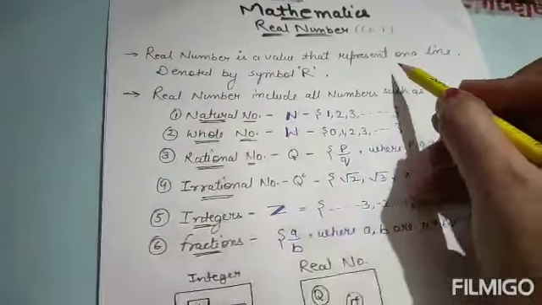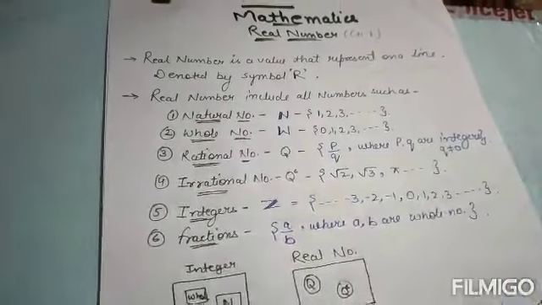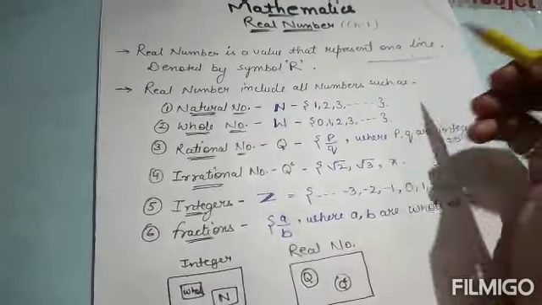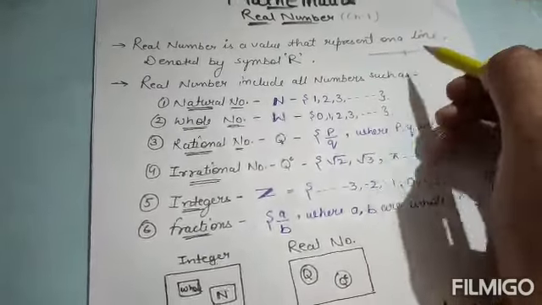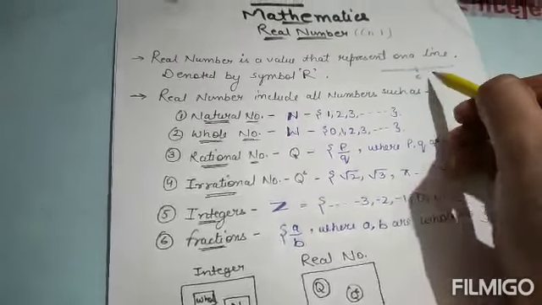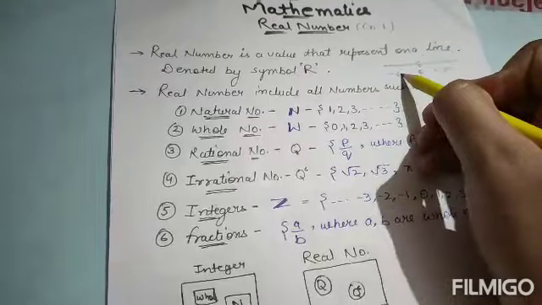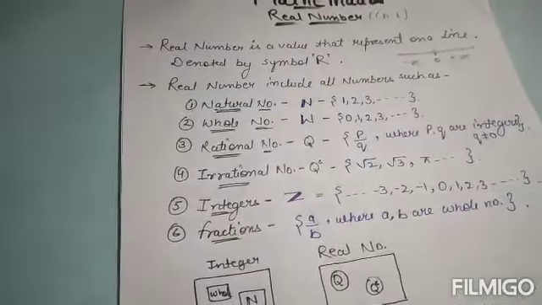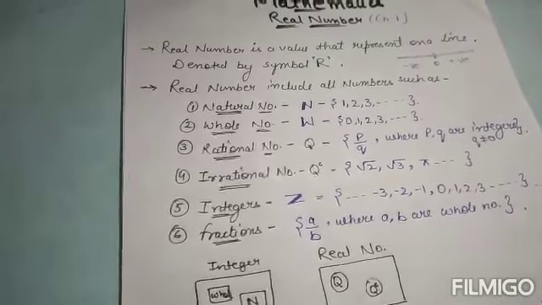You have seen a number line like this. It's a real number line, which includes all the numbers: positive numbers, negative numbers, rational numbers, irrational numbers, fractions, integers, all of these.